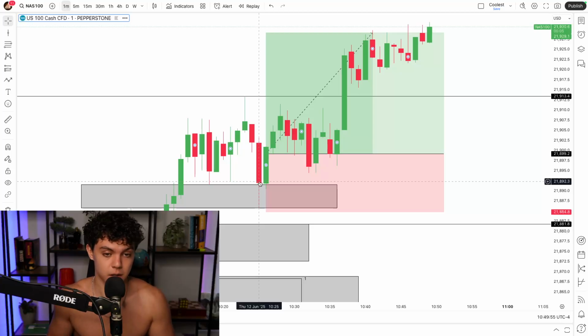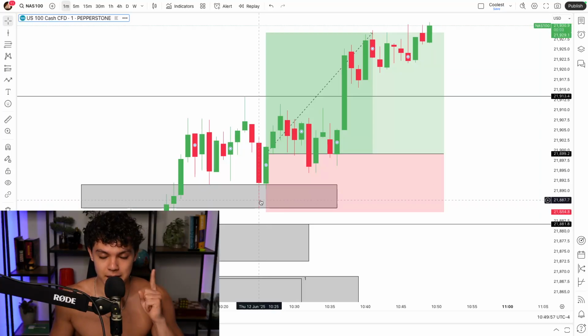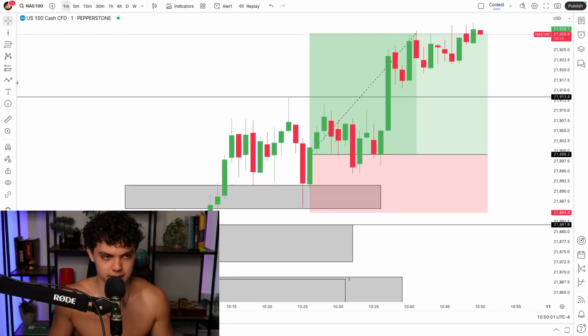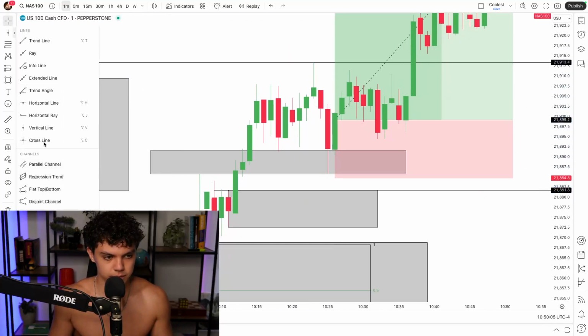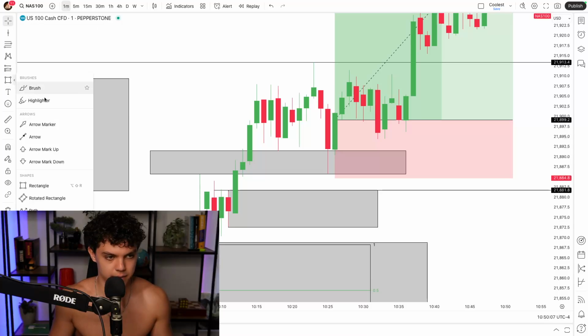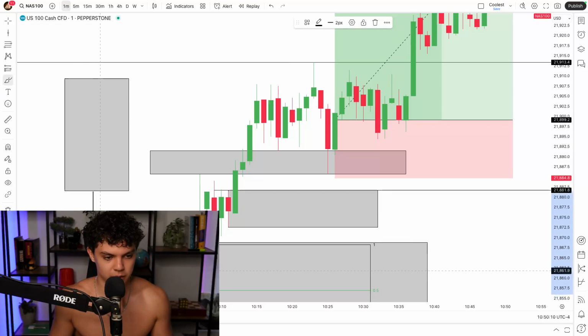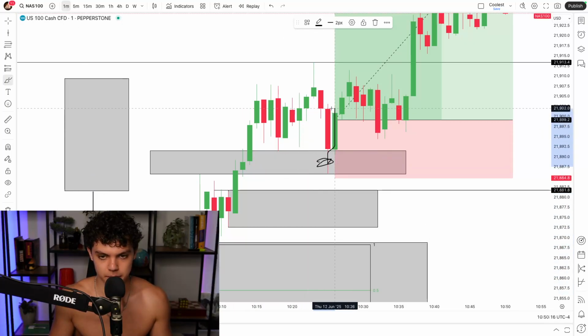What I wanted to see was this giving me a reaction. And it did that. It gave me a rejection candle. If you don't know what a rejection candle is, this is the body of the candle. And then there's the rejection, the small part of the candle, which means this is the history. This is what the candle was. It was here, tapped into the fair value gap, and immediately pumps up, right?